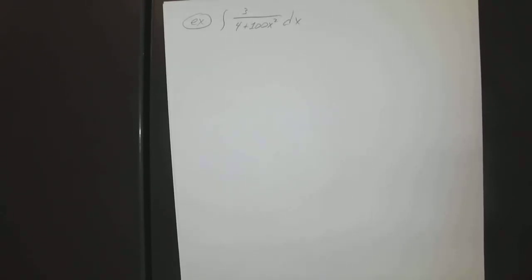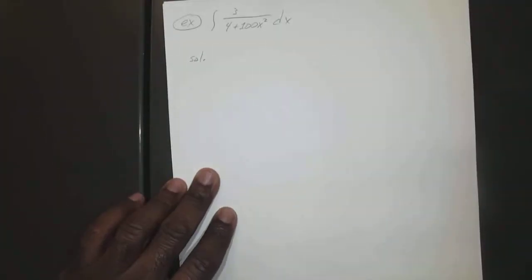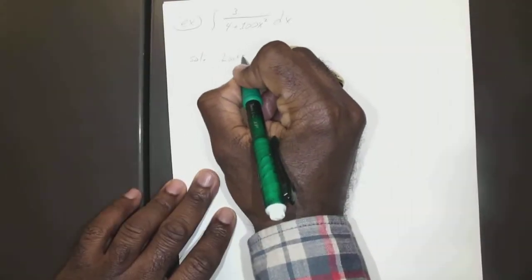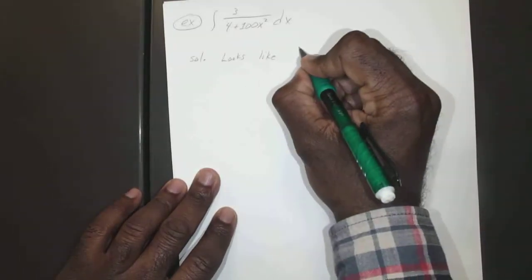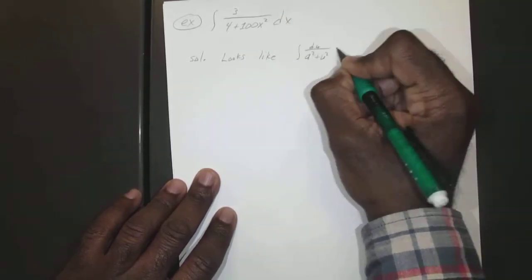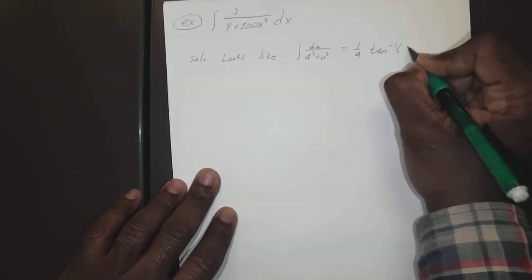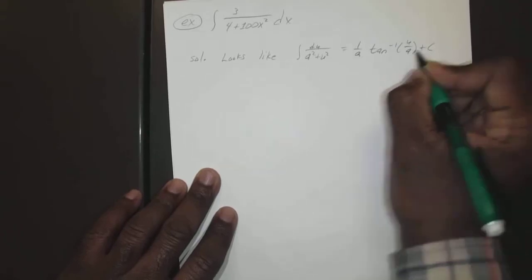Remember, sine and secant are the only ones with square roots. This one's a tangent. So this one looks like the integral of du over a squared plus u squared equals 1 over a times tangent inverse of u over a plus c.